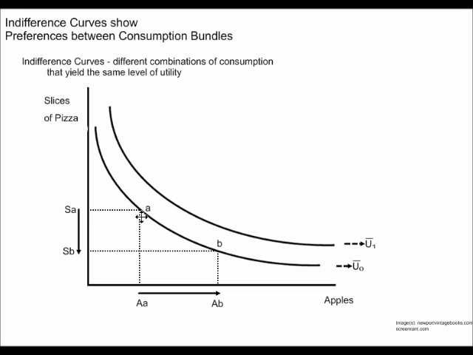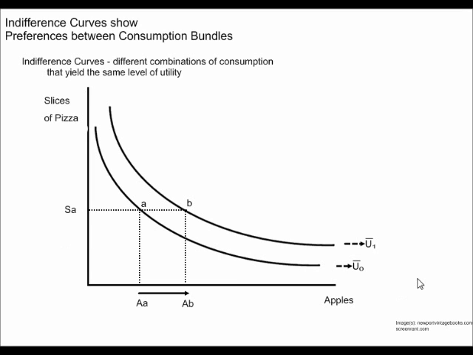You're having some pizza taken away from you, which generally would make you less happy, and so you've got to be compensated with more apples to raise your happiness back up. How many apples? I don't know, but we hit a certain amount of apples, and you're back to your original level of happiness. If we did that for all the different possible combinations that produce the same level of happiness, all those points would make up this curve, and we would call that curve an indifference curve.